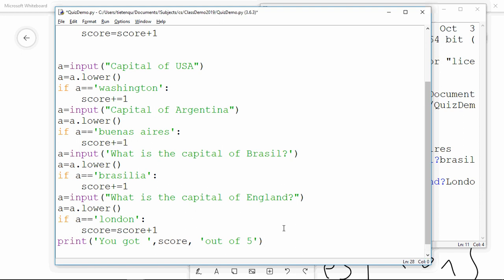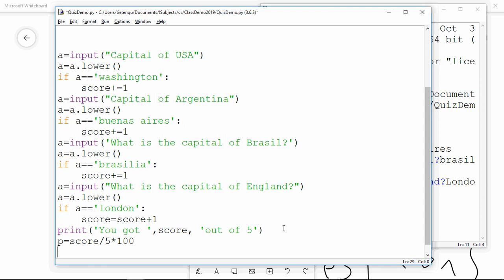Now, let's convert that to a percentage. So I'm going to use P for percent. And P is equal to score divided by 5 and then multiplied by 100. Now, it's not going to round it. It might not look all that great. So let's run it, and then we'll round it after if we need to.